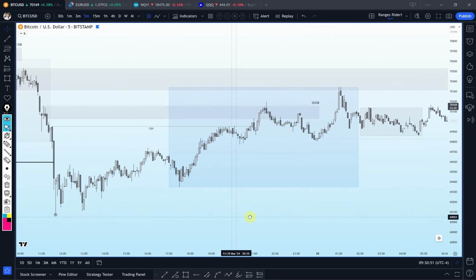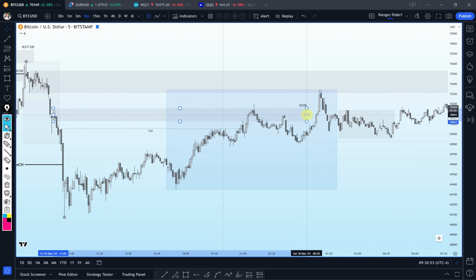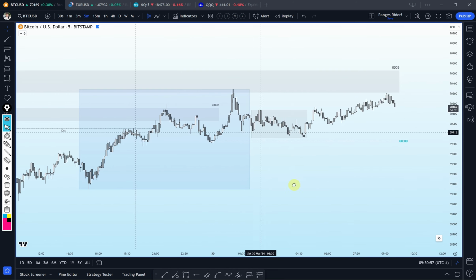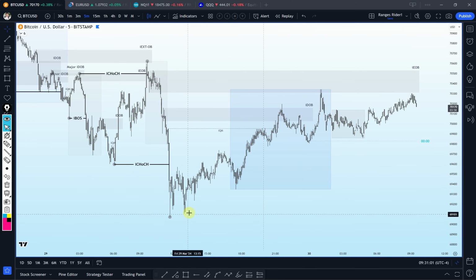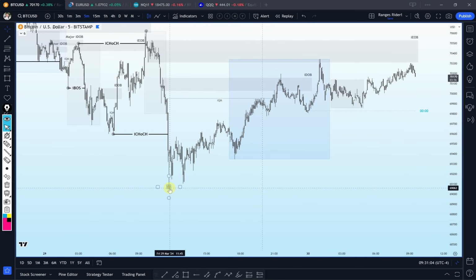So this is the decisional OB. Once the decisional OB was disrespected, we visited the extreme OB, and now the price is rejecting from the extreme OB, and then we are looking for what? We are looking for another breakup structure, something like this.